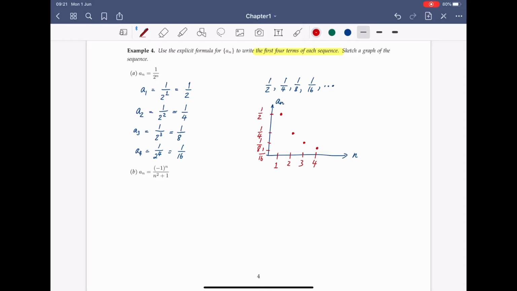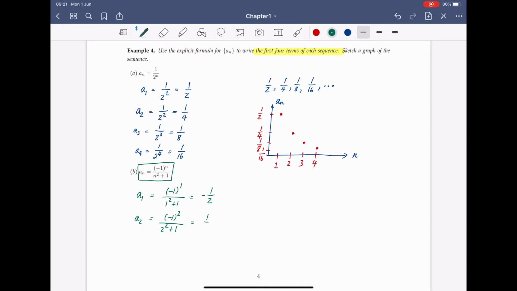All right, so let's look at example 4 part B. So let's suppose that I have a_n equal to (-1)^n over n squared plus 1. So here, I have a_1 equal to (-1)^1 over 1 squared plus 1, and that is negative 1/2. And then a_2 equal to (-1)^2 over 2 squared plus 1.